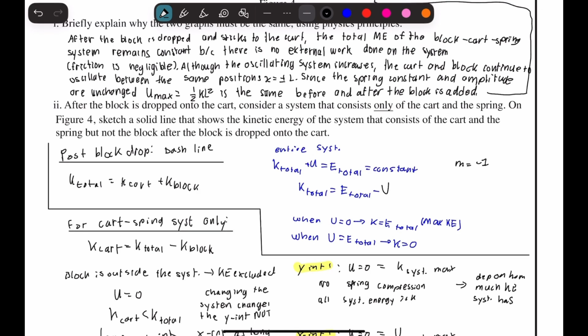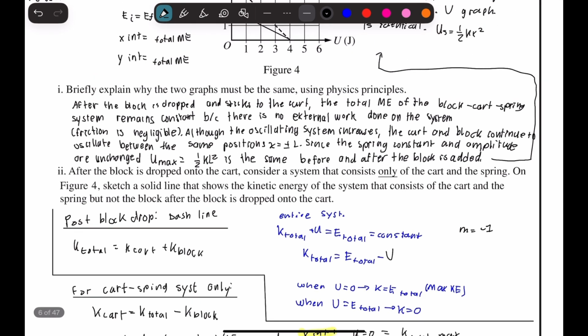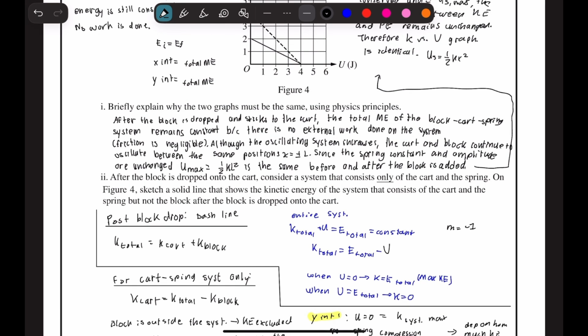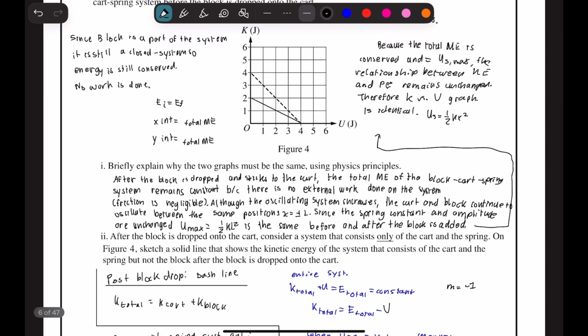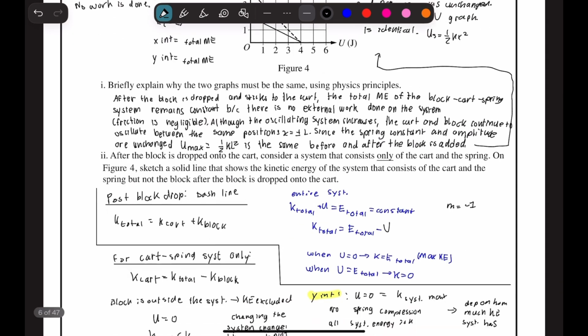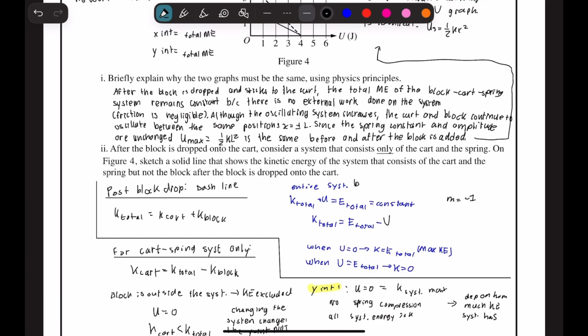After the block is dropped onto the cart, consider a system that consists only of the cart and the spring. On figure 4, sketch a solid line that shows the kinetic energy of the system that consists of the cart and the spring, but not the block, after the block is dropped onto the cart. So what we know is that post the block drop, the dashed line is just kinetic energy versus potential energy for the block plus cart plus spring system.